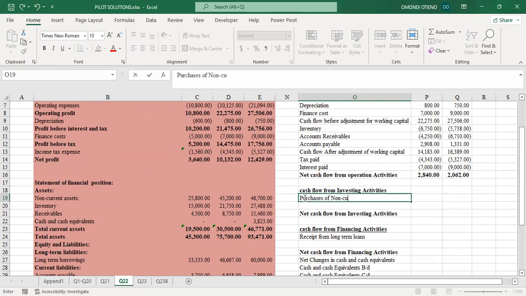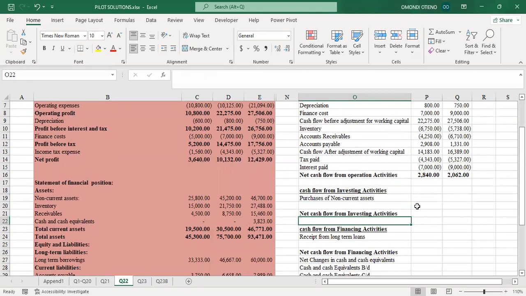Purchases of non-current assets, how are we going to get it? Remember, for us to get that, it is also cash outflow.